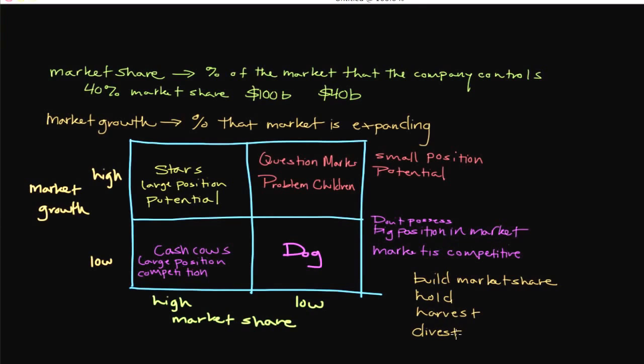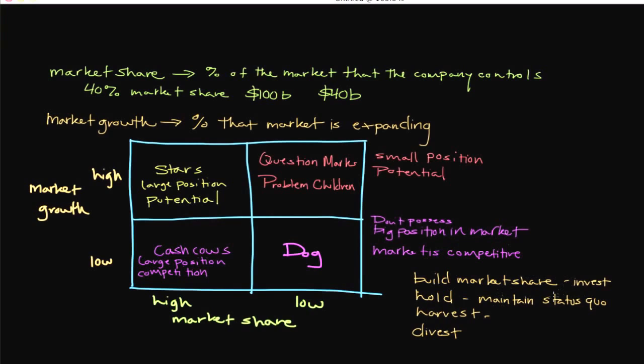And so really quickly, building market share means we're going to make additional investment. Okay, we're going to increase our investments in this particular product. Hold, we're going to what we call maintain the status quo. We pretty much do nothing. Harvest, we're actually going to go ahead and we're going to reduce our financial support.